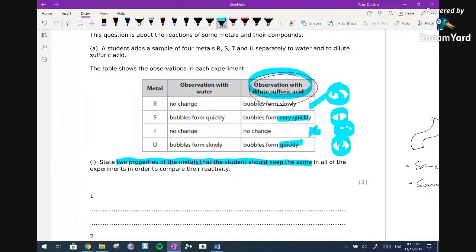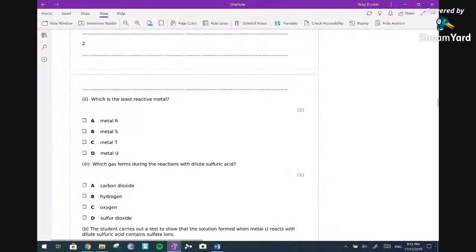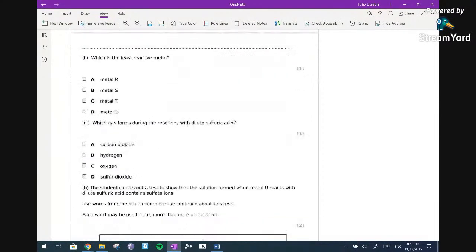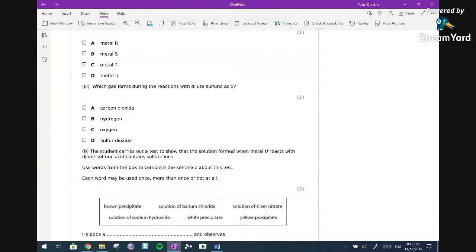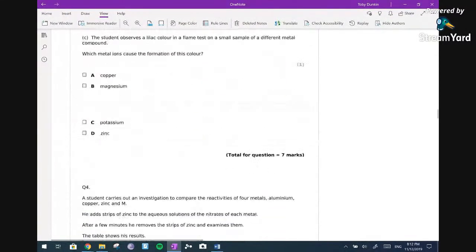So it goes S-U-R-T. Which is the least? S-U-R-T. T is going to be the least. Which gas forms during the reactions? So that's going to be hydrogen gas. We're done. Not for year 11, not for year 10s.